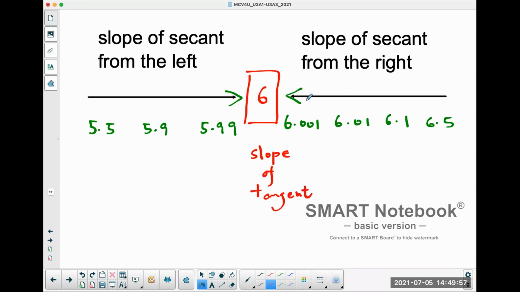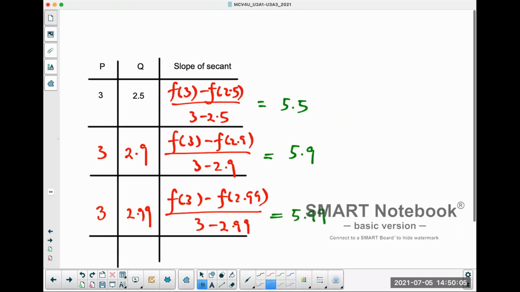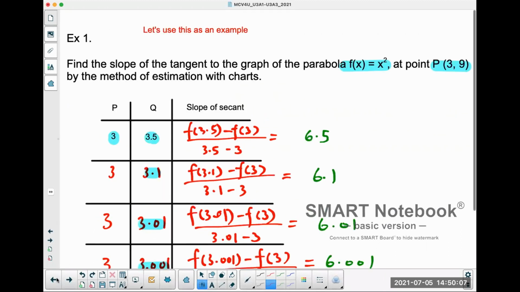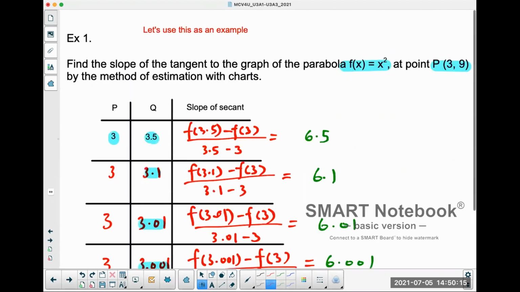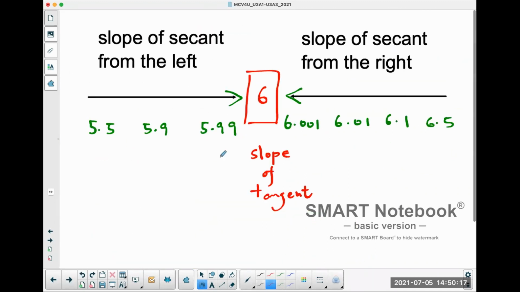As I converge from the left and converge from the right, they all converge towards the same number. So even though I'm just estimating, I didn't actually know how to find the slope of the tangent, but as I get closer from the left and closer from the right, it seems like they're pointing me towards the same value, and that value is 6.